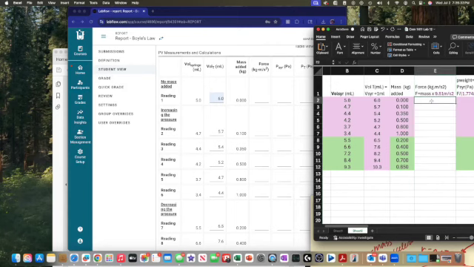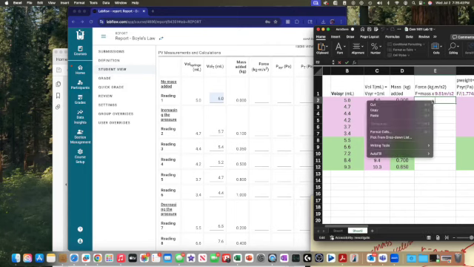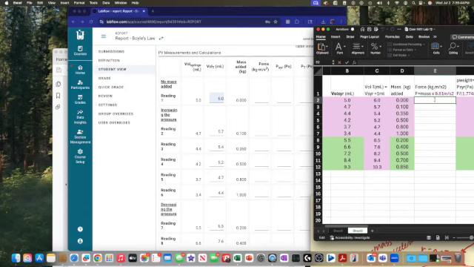Instead of typing each one of these in the calculator, I'll just put an equation here. I'll start by clicking here with a left click, because right click gives me a menu. Then I type equal, and I want this mass here, so I click on this, which selects D2.